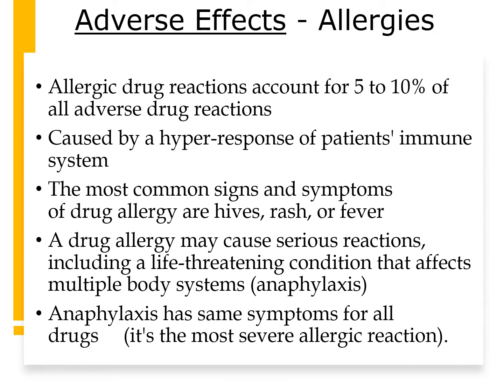And you can actually get low-grade fevers from allergic reactions to drugs because there's an inflammatory response happening, right? There's an immune response. So a drug allergy can go all the way from simply having some hives, also called urticaria, all the way to the other side of the spectrum, which is anaphylaxis. And anaphylaxis is the most severe form of an allergic reaction.